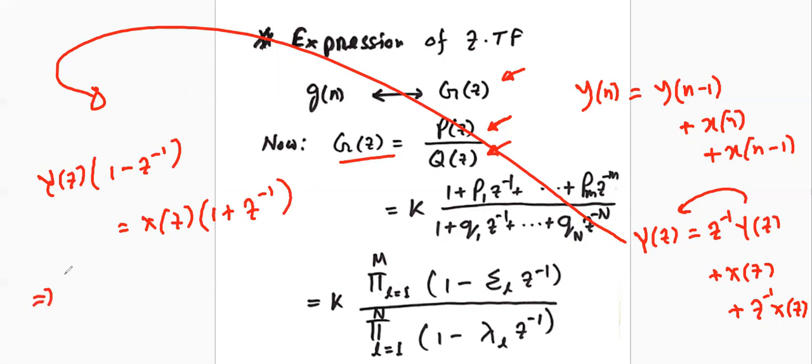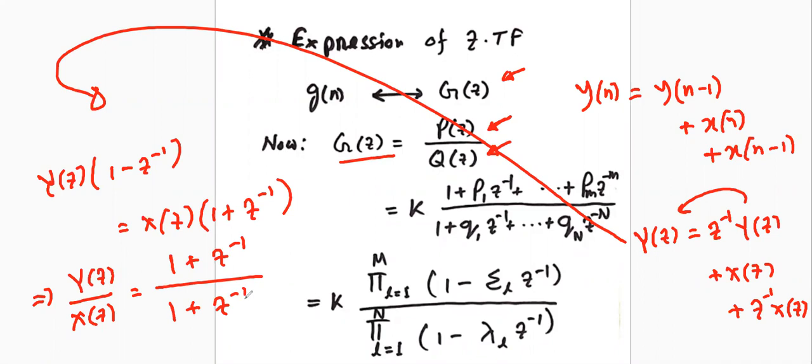Now we can write very easily that Y(z) divided by X(z) equals 1 plus z to the power minus 1 divided by 1, sorry, that will be minus z to the power minus 1. And this Y(z) divided by X(z) can be written as H(z), that means the response of the system.